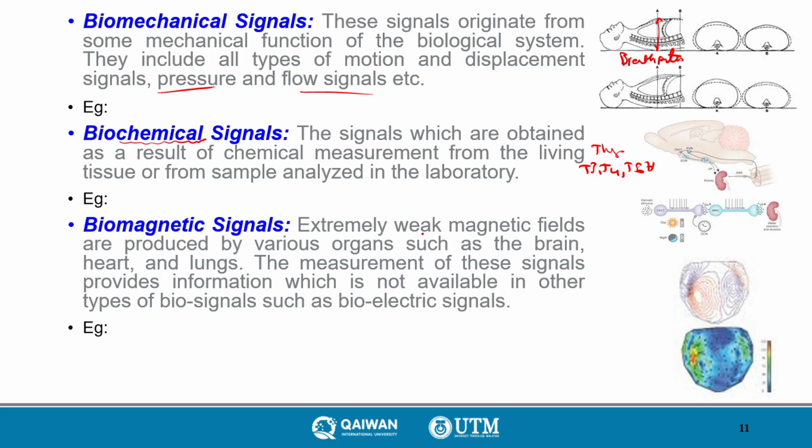The biomagnetic signals, extremely weak magnetic fields, are produced by various organs such as the brain, heart, and lung. These biomagnetic signals are extremely weak, so usually they are not recorded in general clinics. Maybe they are recorded for research and in special laboratories.